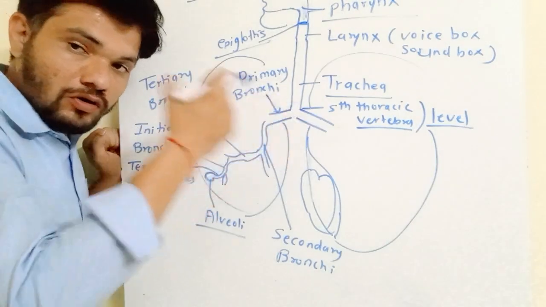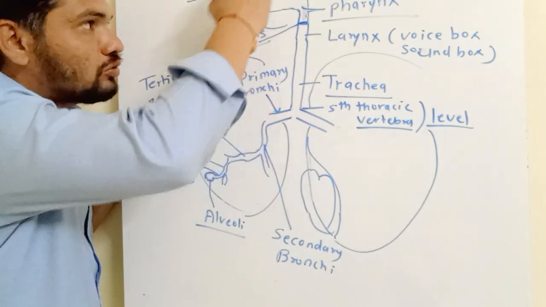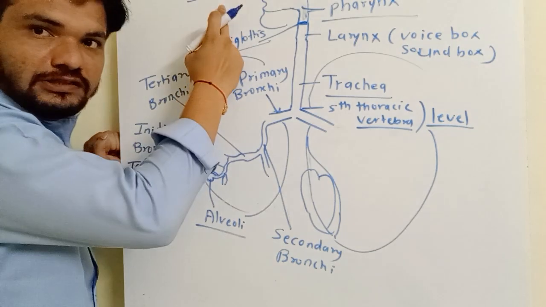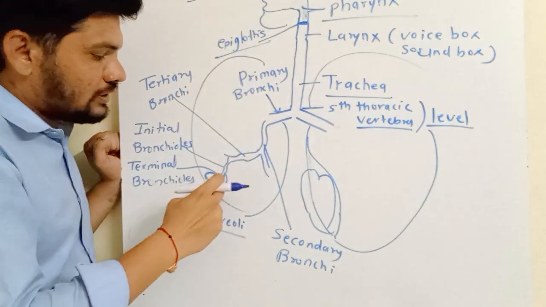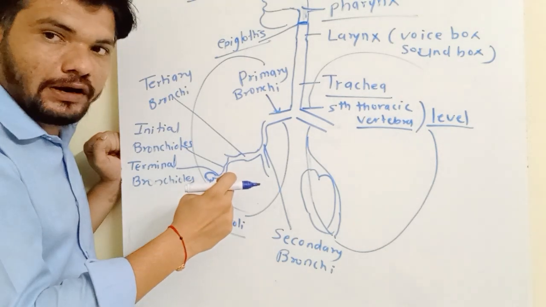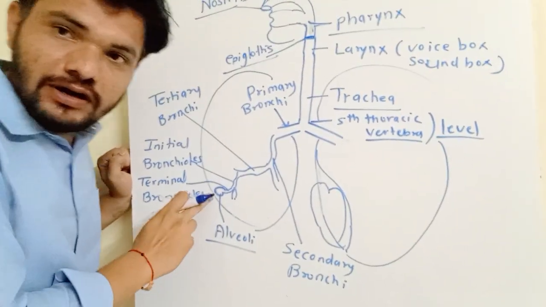The air or oxygen which you are inspiring ultimately goes through this path to the alveoli. So from the nostrils to the terminal bronchioles, this part is called the conducting part, and the gas exchange part is your alveoli.